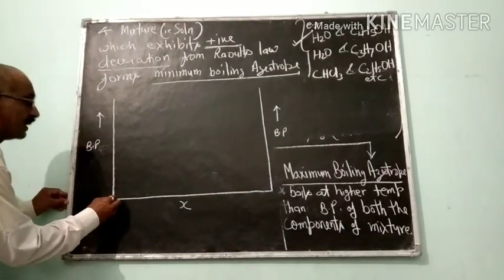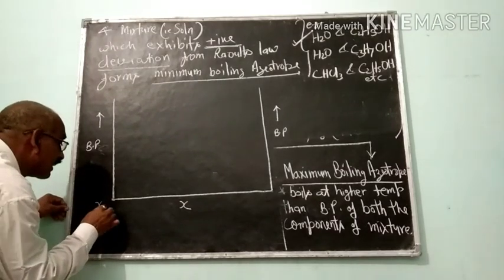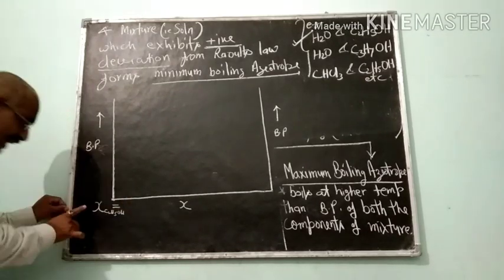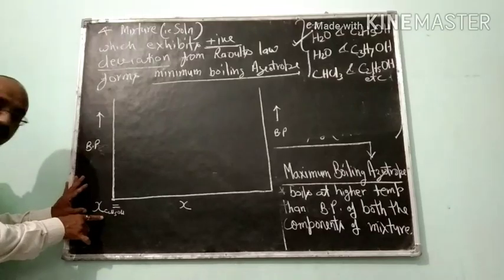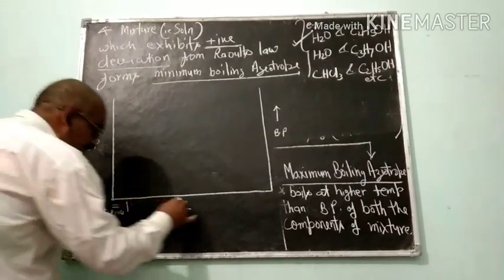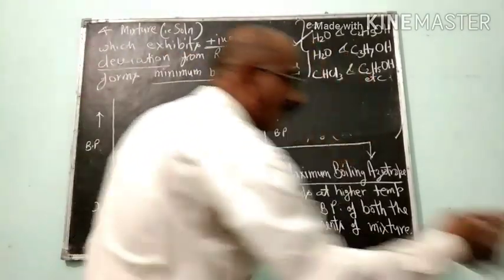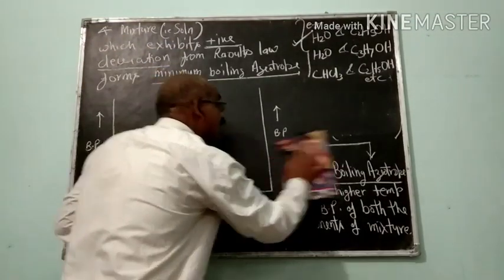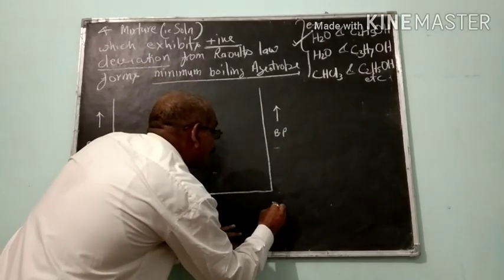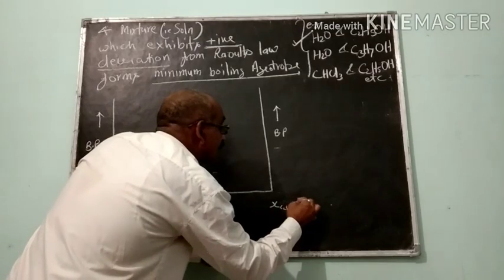At this end there is C2H5OH, means इस एंड पे C2H5OH की मोल फ्रैक्शन केवल 100% है, and as we proceed in this direction, the mole fraction of C2H5OH is decreasing, or at this end the mole fraction of C2H5OH is 0.